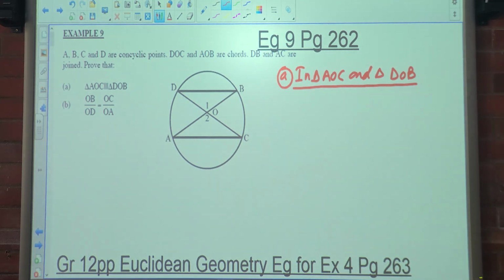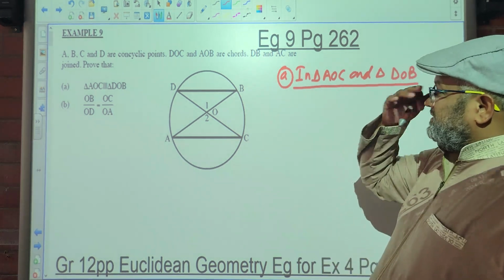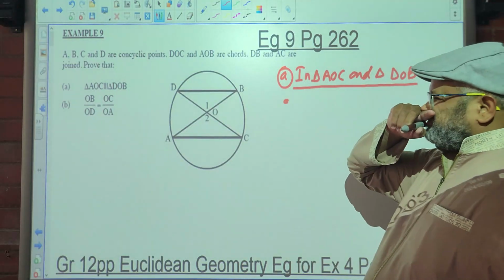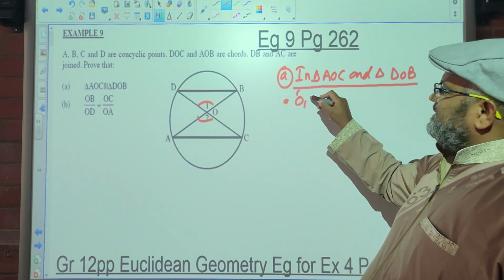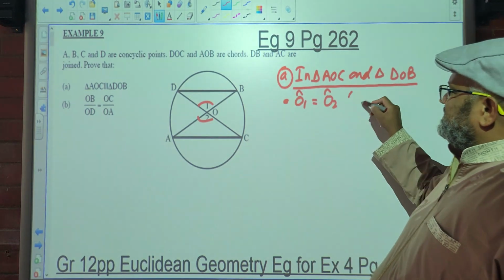Okay, so to prove that the two triangles are similar, we need to prove that the angles are equal. So they're equiangular, the two triangles are equiangular. So what can we say first? Angle O1 is equal to O2. Why? Vertically opposite.